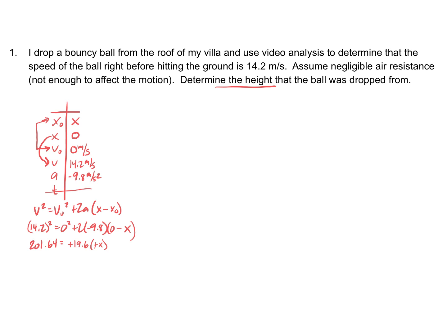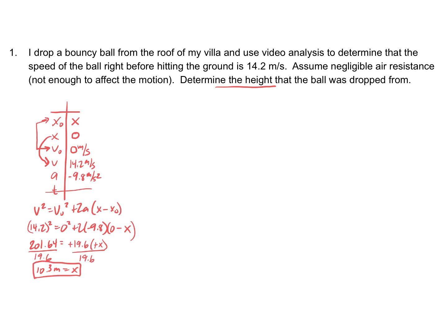Negative times negative is positive. And now to solve for x, I'm going to divide both sides by 19.6. And I get an answer of 10 point, I'm just rounding it. And the 10.3 then will be meters because I am solving for position there. So, ta-da, we got that the height is 10.3 meters.